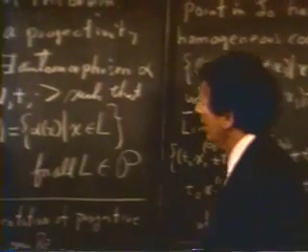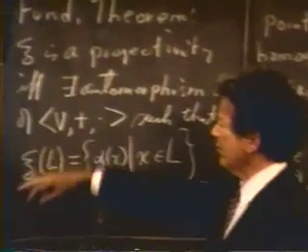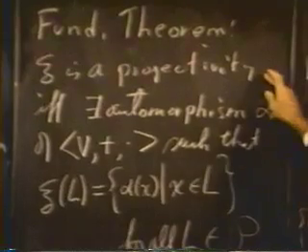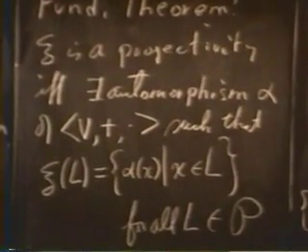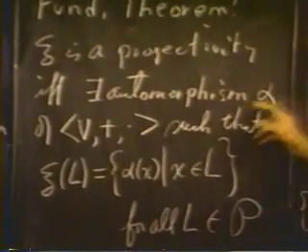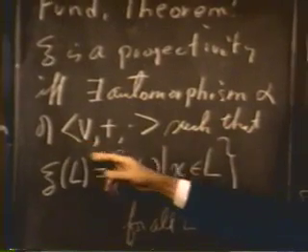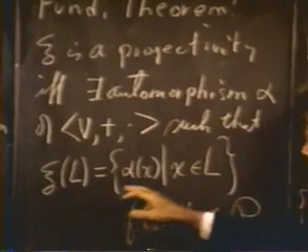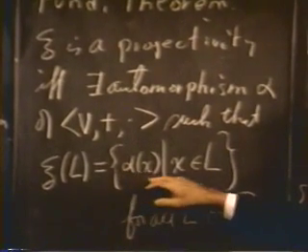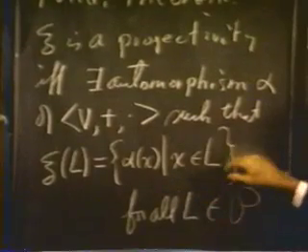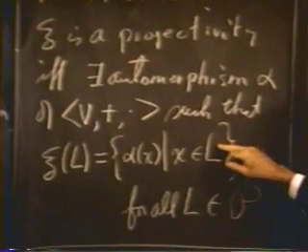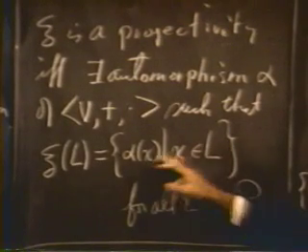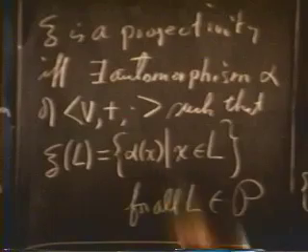Namely, a mapping of P into P, that is, a set of projective varieties into itself, C, is a projectivity if and only if there exists an automorphism alpha of V such that C sub L, for any variety L, is simply the set of points alpha x where x is in L. Notice this is a simpler form because of passing through the origin in the case of the projectivities than in the case of the affinities.